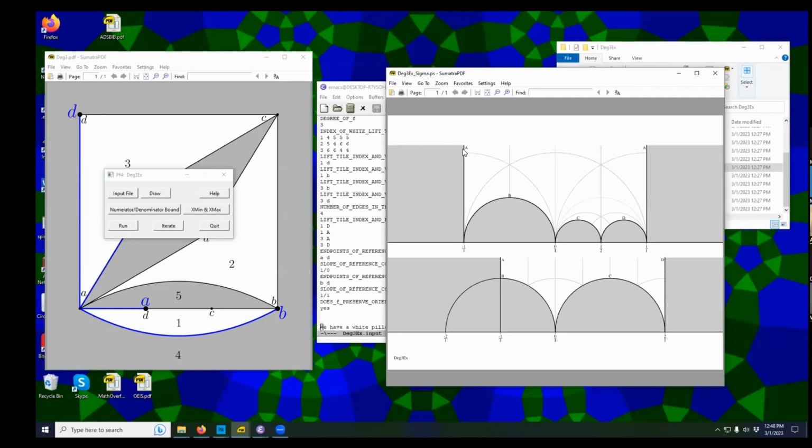So this means that geodesic A maps to geodesic A, and geodesic B maps to geodesic B, and C goes to C, D goes to D, and we have two geodesics up above mapping to A. So that indicates that infinity is mapping to the interior of this geodesic. So the program is saying that this Jordan domain is mapping to this Jordan domain, and in fact, conformally.